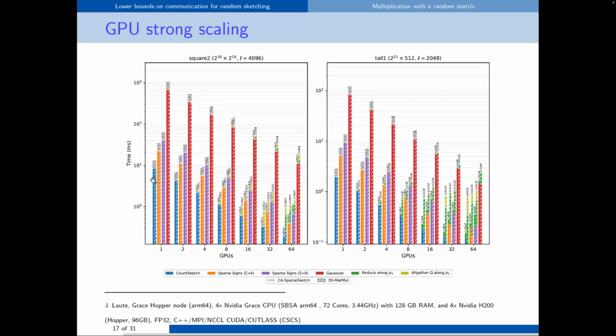The first results in blue are for the sparse matrix when we take only one non-zero per column, which is called count sketch. Then we take 4 non-zeros, 8 non-zeros, and that's the sketching obtained when we take the matrix to be dense Gaussian. We increase the number of GPUs from 1 to 64.